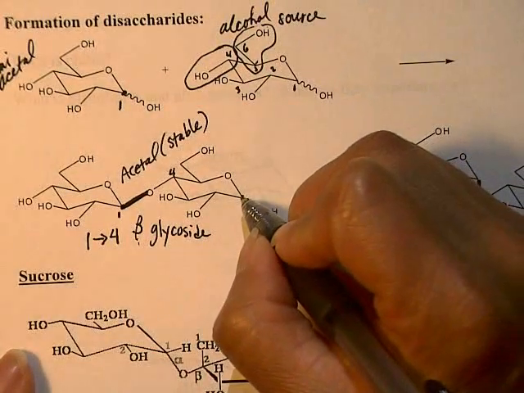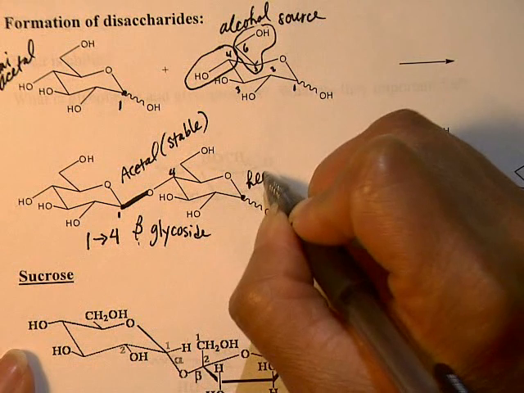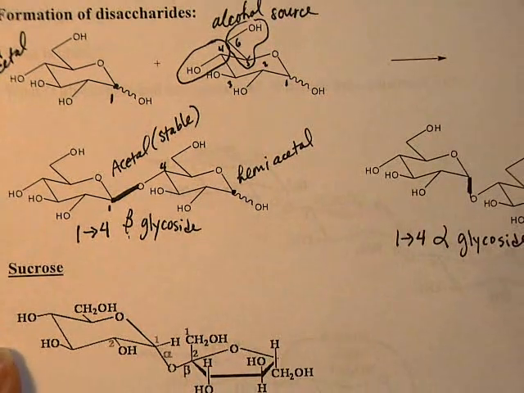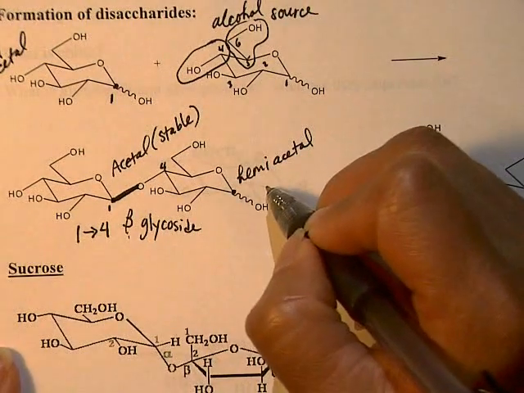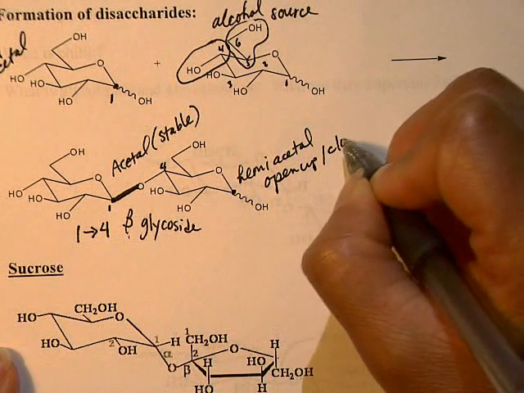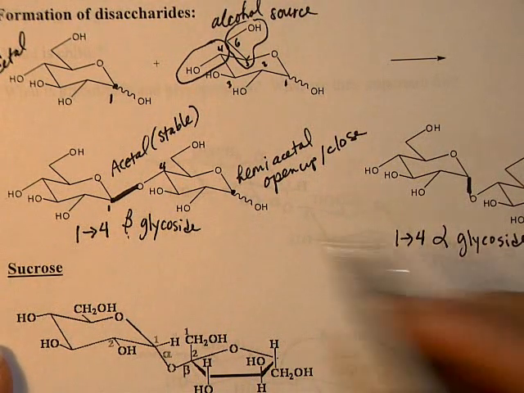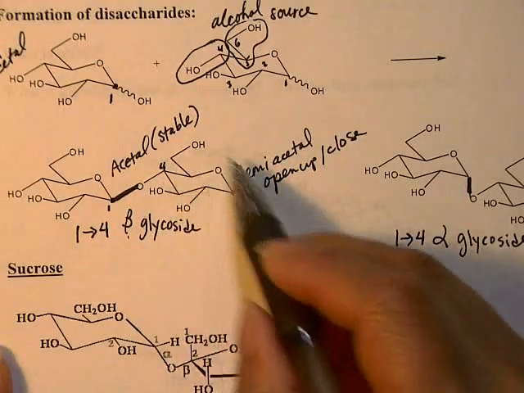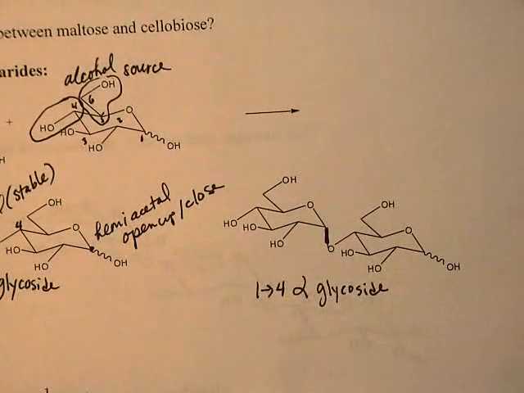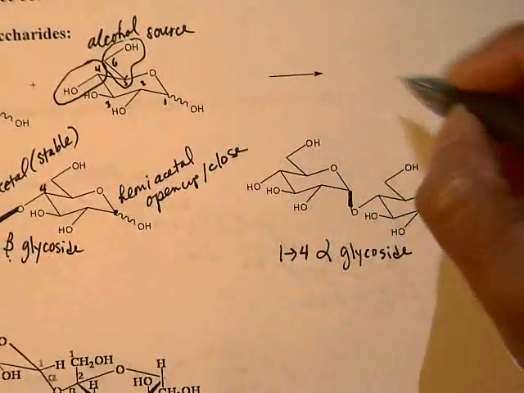But at this other anomeric carbon, this is still at the hemiacetal stage, so at this carbon, it's going to open up and close again. The same chemistry that you've seen before is still going to happen with this unit of monosaccharide.